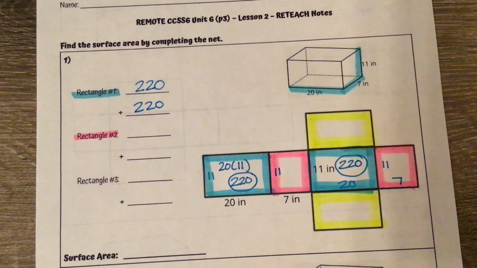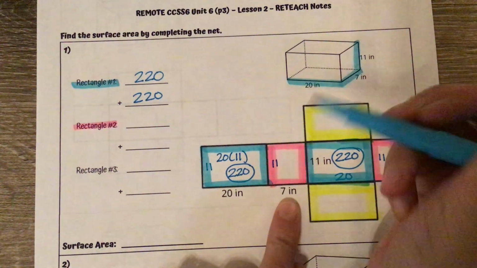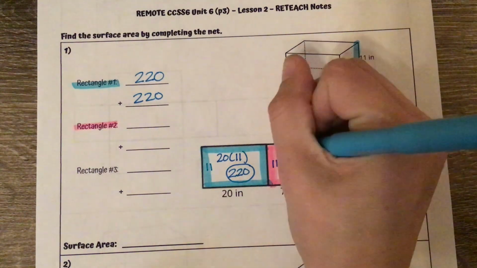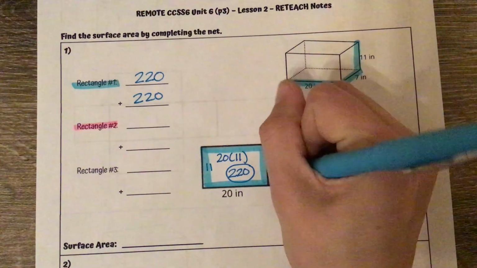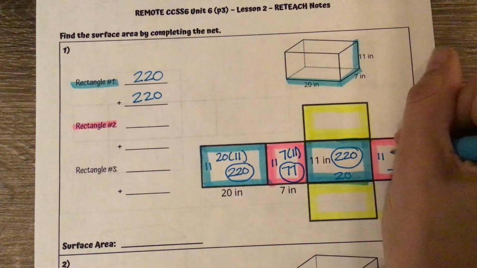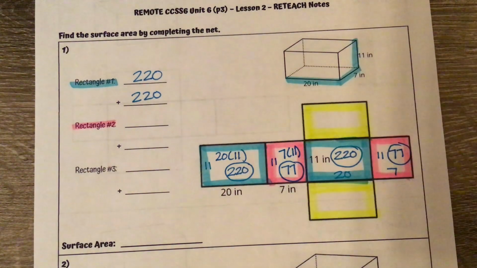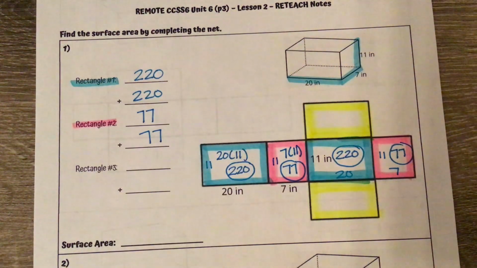For rectangle number 2, we highlighted in pink. I have a base here of 7 and the same height of 11. So we're going to multiply 7 times 11, which gives me 77. So if this pink rectangle is 77, this one is 77 as well. So those two are being added.